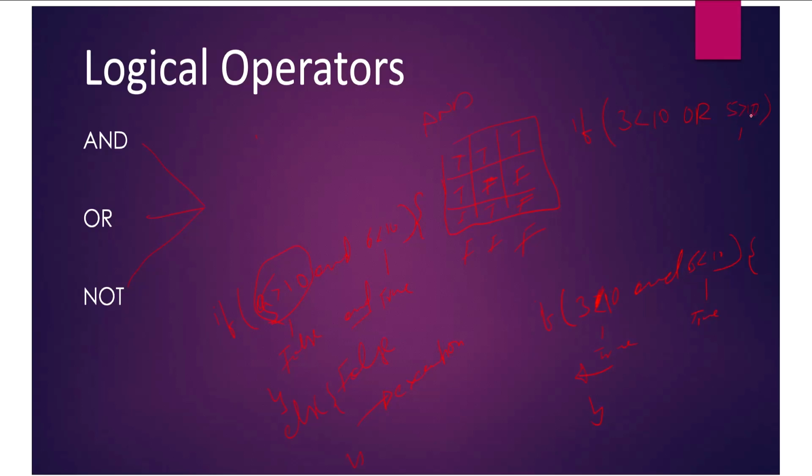Here 5 greater than 10 is a false statement. Here 3 less than 10 is true. Since one is evaluated to true based upon the OR truth table, it will go to the if statement block, and whatever code is within it will be executed.